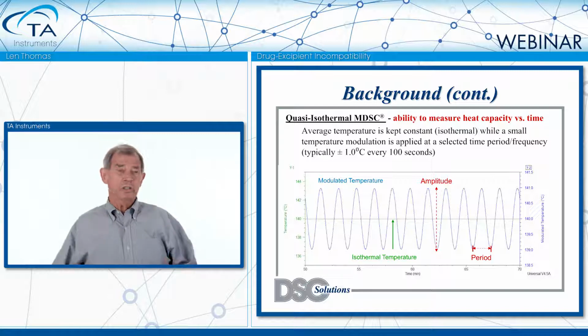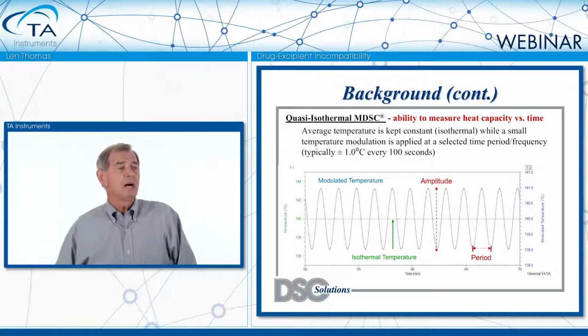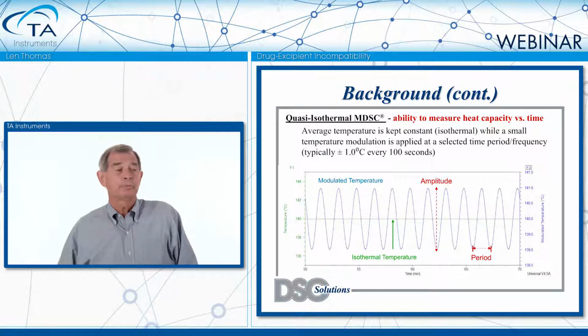Now, using those conditions, we would end up creating a temperature profile that's illustrated here in this particular slide. If we go to the green axis on the left-hand side, the green y-axis, that's a plot of temperature, and that's the measured average temperature during our experiment. On the right axis, the blue axis, we have modulated temperature, okay?